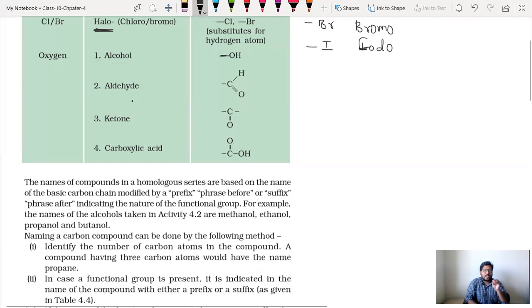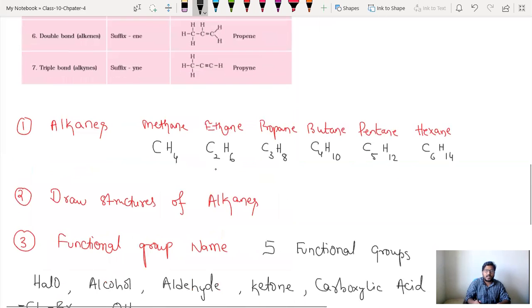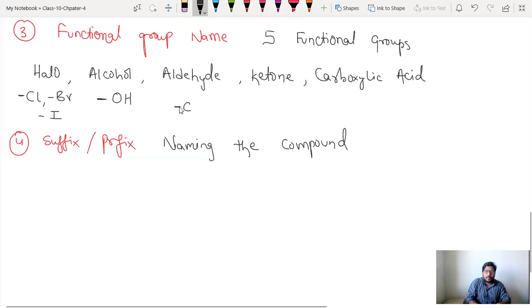If you want to add the aldehyde functional group, the carbon will be present at the end of the hydrocarbon chain. For that carbon, one bond is hydrogen and two bonds are oxygen. The other bond can be carbon or hydrogen, whatever it may be, but one bond should definitely be hydrogen and the remaining two bonds definitely oxygen.